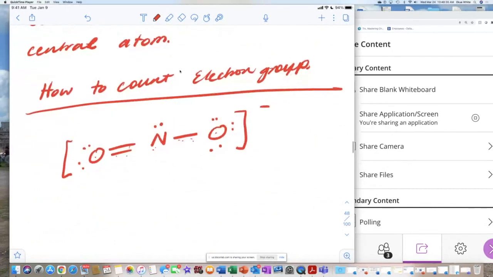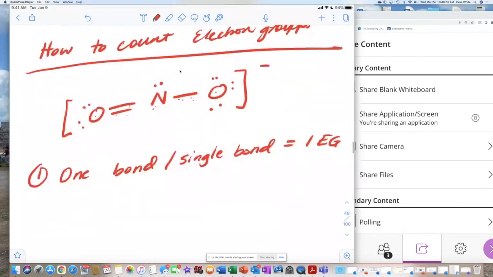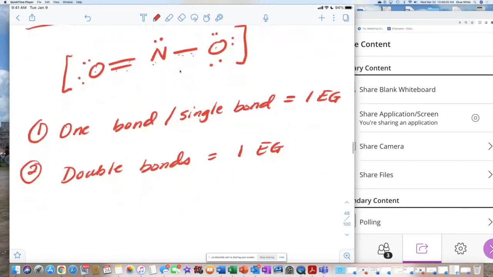How do we count electron groups? We're told one bond or single bond counts as one electron group. Double bonds, one electron group.